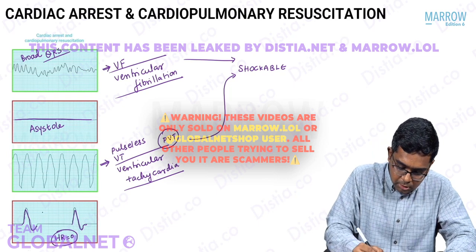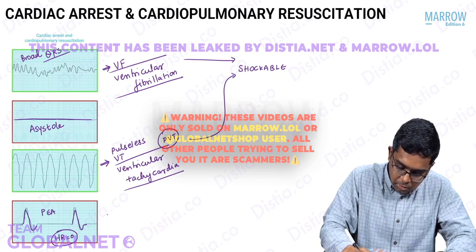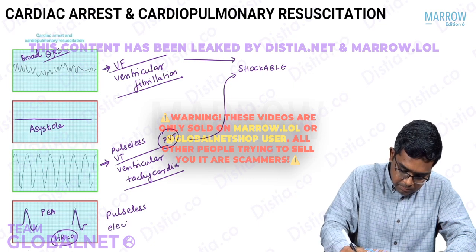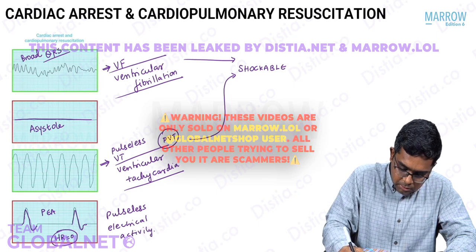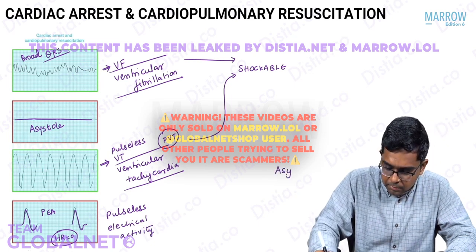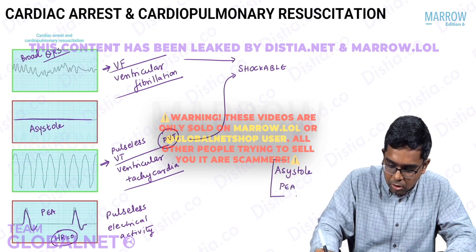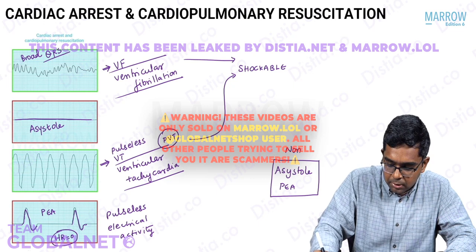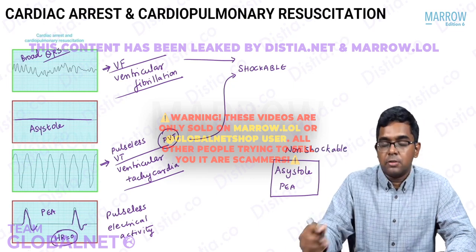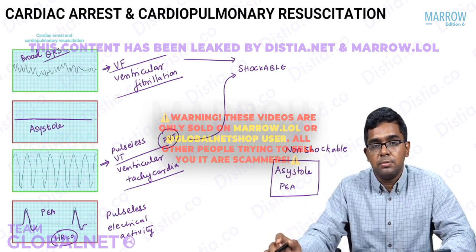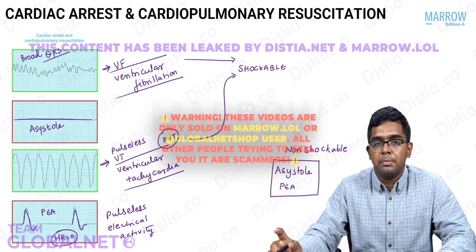What do you call this? You call it PEA or pulseless electrical activity. And please note that asystole as well as pulseless electrical activity are non-shockable rhythms. This is something which we should definitely know about. These are the different rhythms which can be encountered during the time of cardiopulmonary arrest.